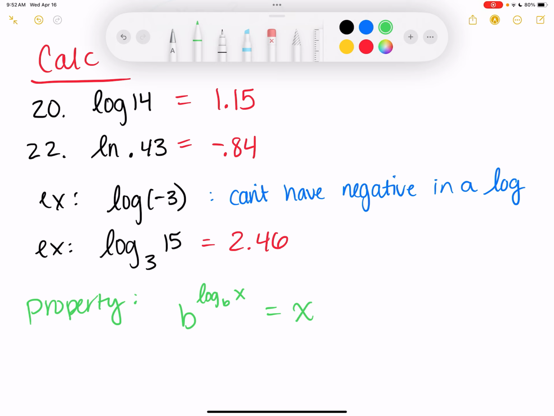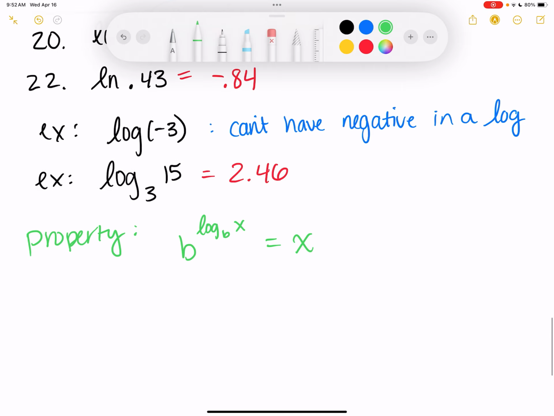So any number raised to a log with a base of that same number is equal to whatever is in here. So if I have a problem like 28, 7 to the log base 7 of x, this is equal to x. 7 is b.